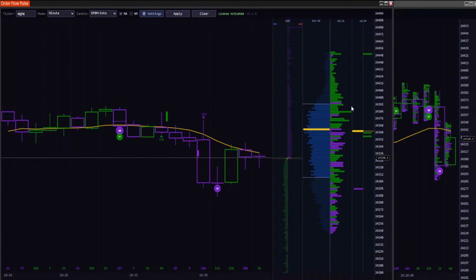That's just me. I need to see participation. I don't care if the candles are going crazy up and down. I've been trading order flow for years, and I'm trying to develop this stuff to make it simple for people to get started.